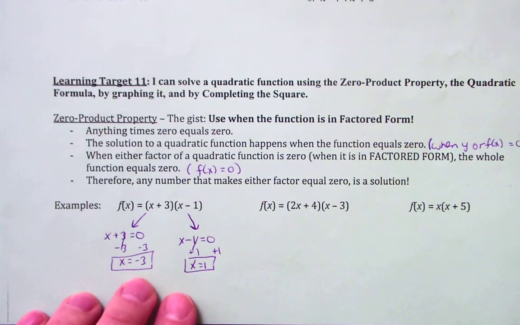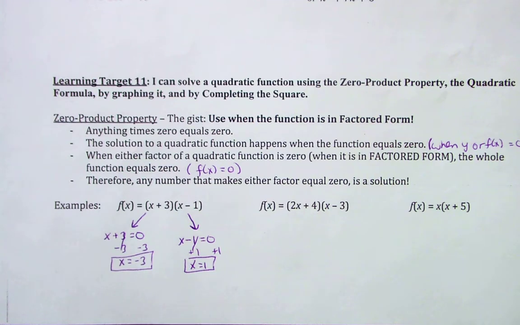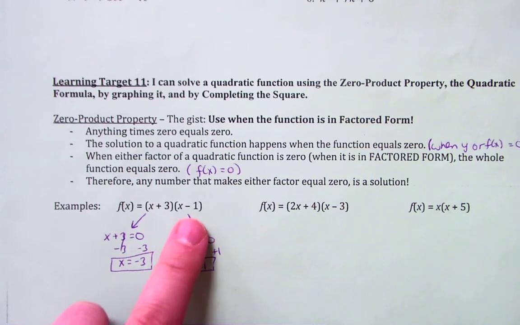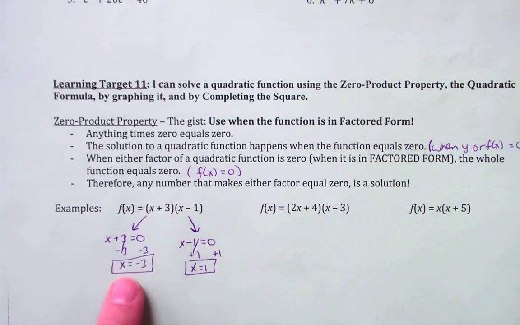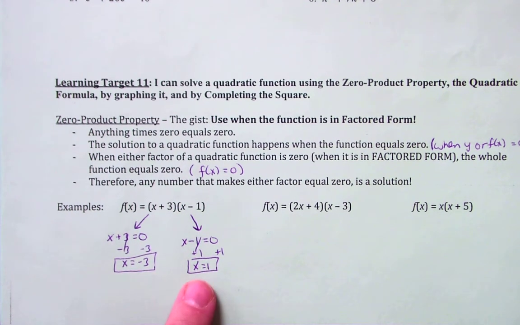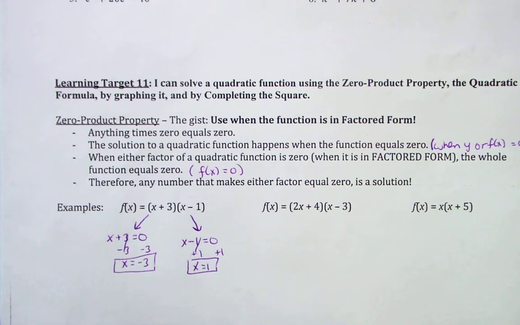So basically, whatever numbers make either of these factors 0, in this case negative 3 and positive 1, those are the solutions to the function. If you were to graph this function, it would cross the x-axis at negative 3 and positive 1.